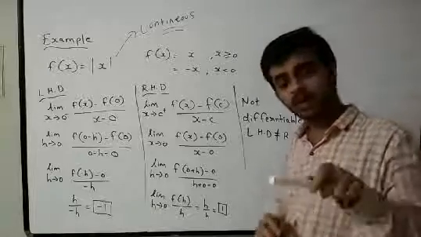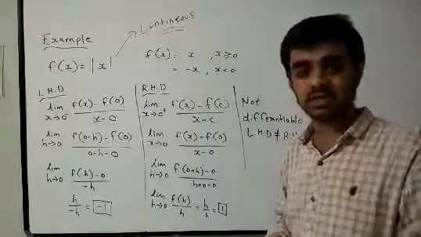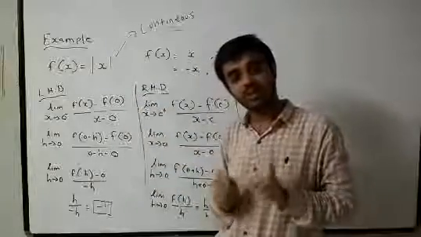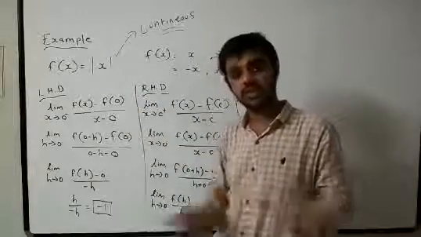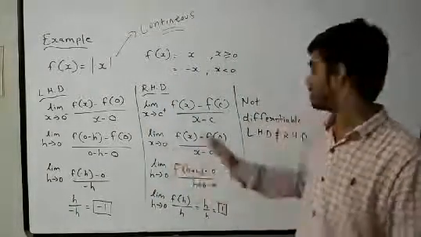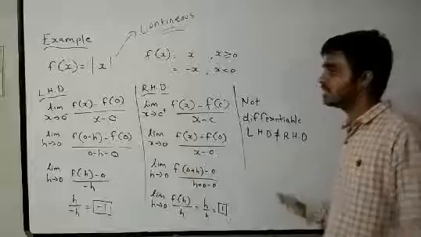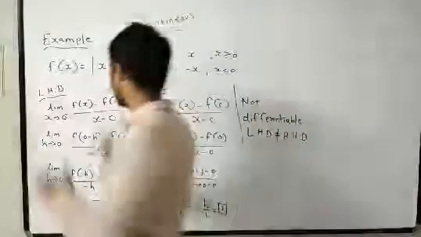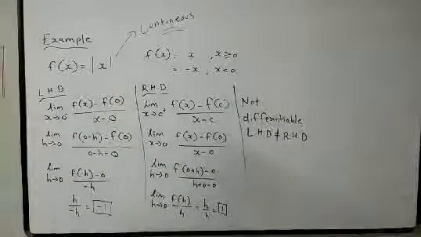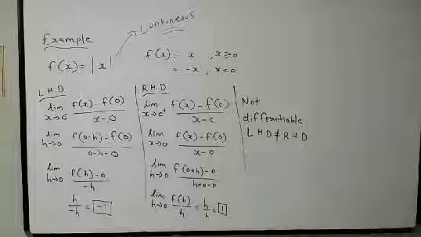We discussed that particular thing yesterday, because we know that every modulus function is continuous, but for differentiability it is not like this. For differentiability we have seen that the left hand derivative is not equal to the right hand derivative, so our answer is not differentiable. You can write this down in your notebook.